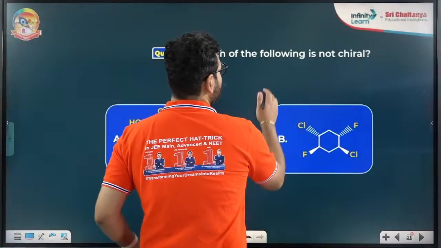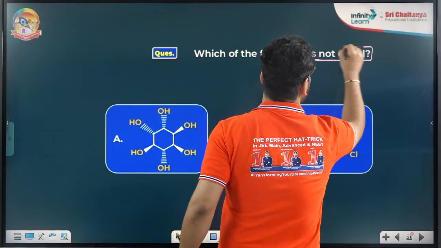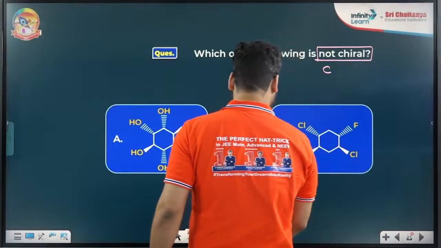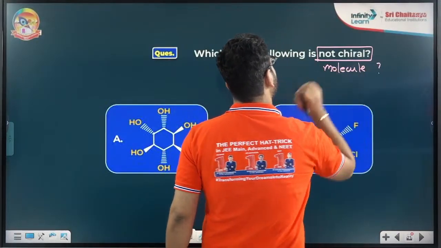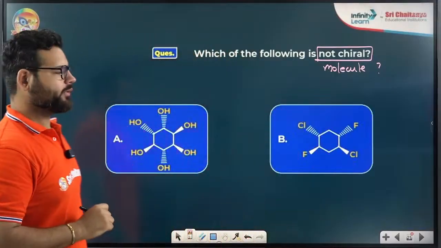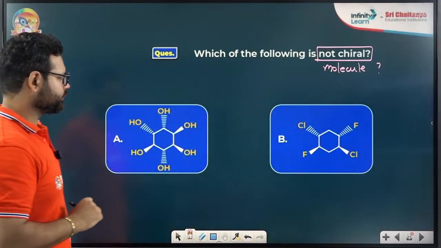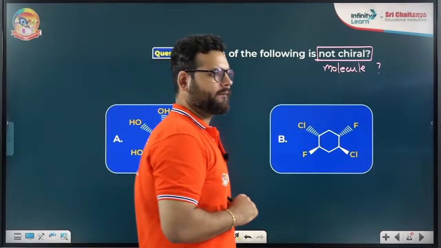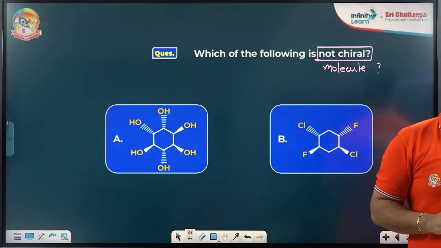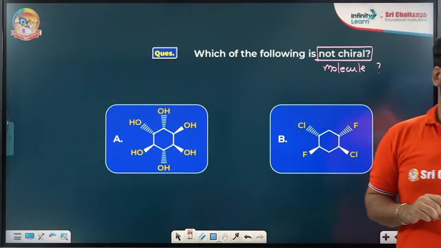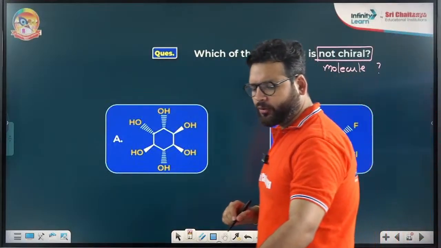So can you tell me which of the following molecules is not chiral? Which is a not chiral molecule? I told you to check the chirality of a molecule.